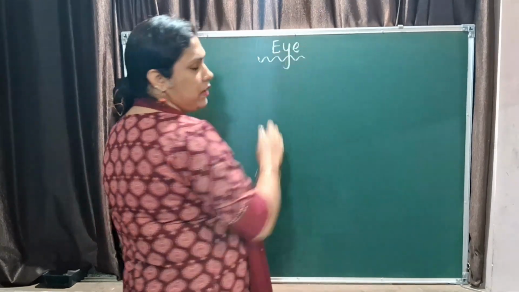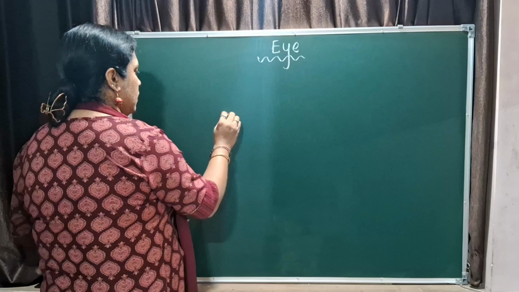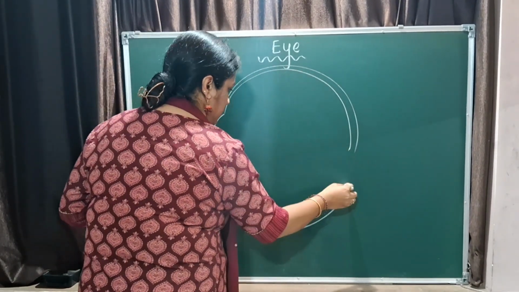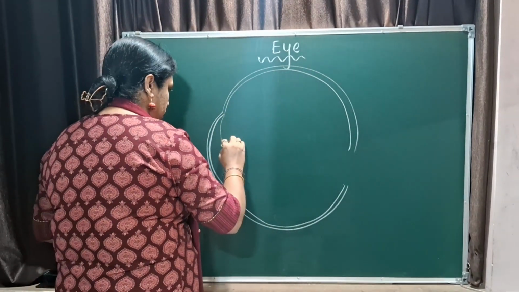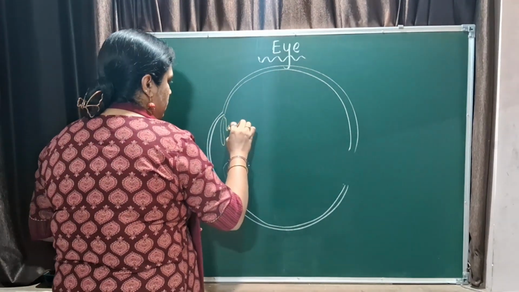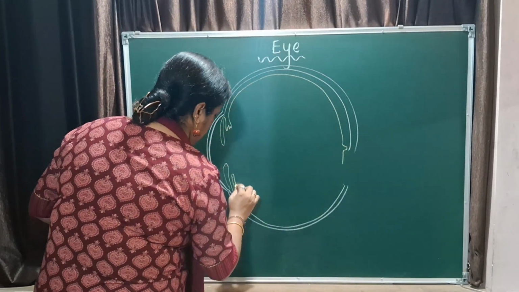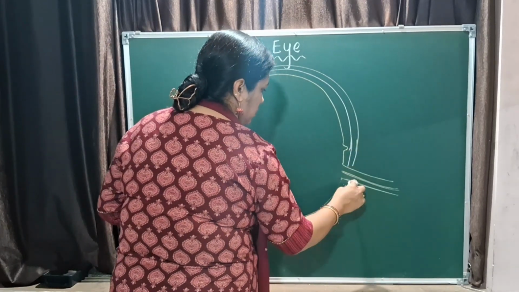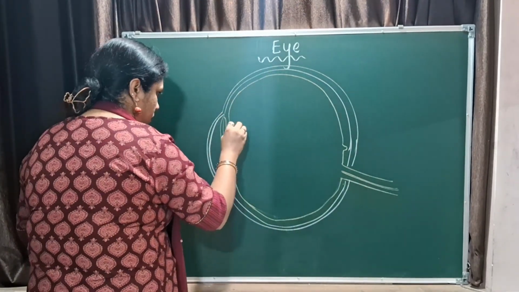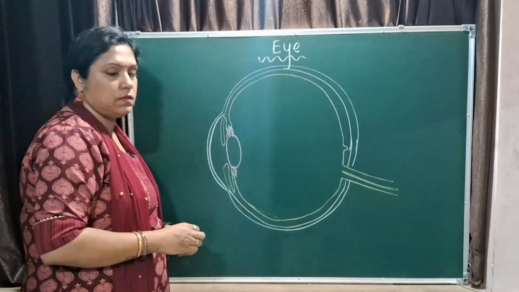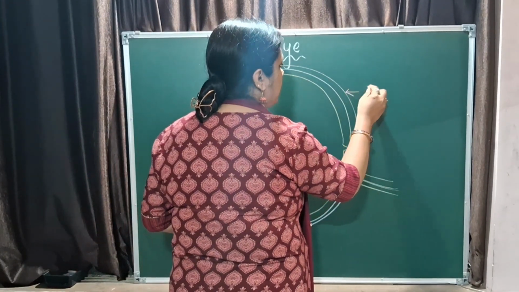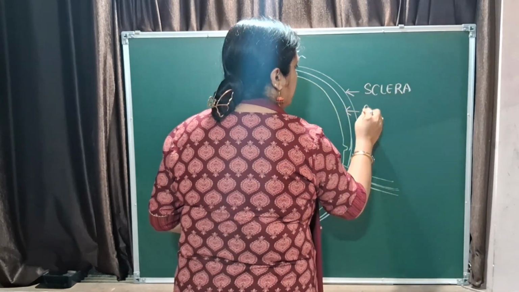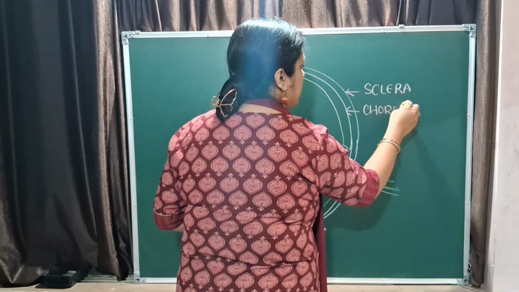We will have a very quick diagram of the eye. You have three layers of the human eye: the sclera, the choroid, and the retina.